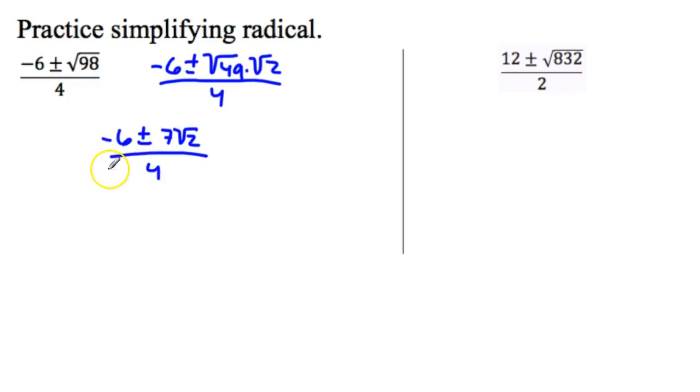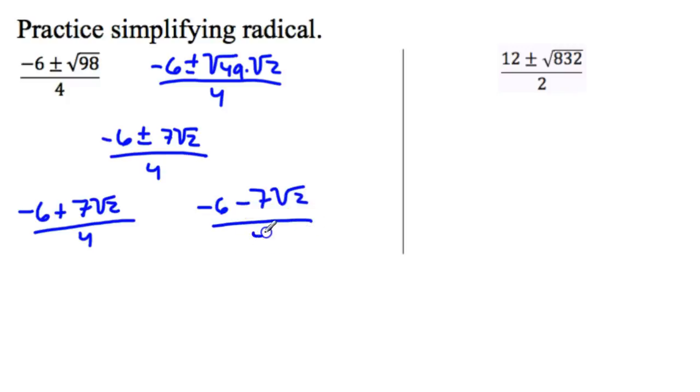All right, so this is an answer right there. But this breaks down into two different things. So negative 6 plus 7 square root 2 over 4, and then we have negative 6 minus 7 square root 2 over 4. And what we can do too, this was an old chapter, we can split these up into two different fractions.